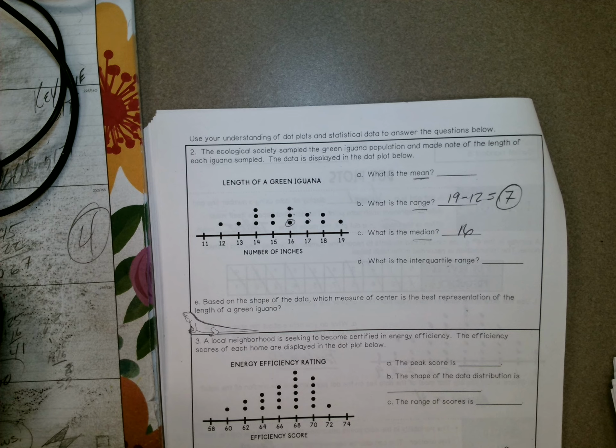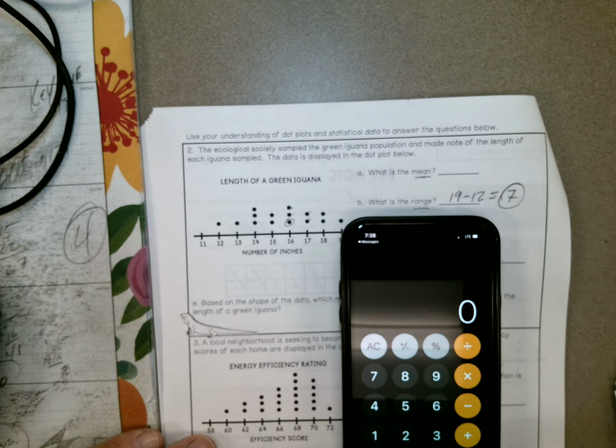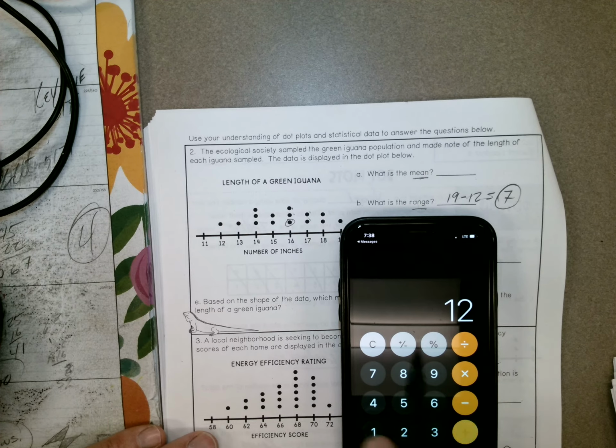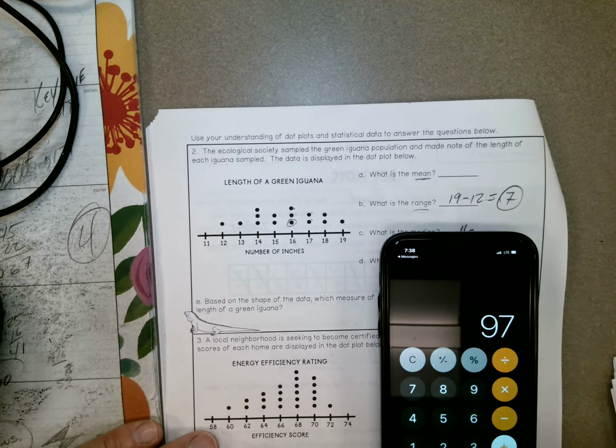I'm going to grab my calculator here, okay? So you'll see I'm doing it right now. So we have a 12 plus a 13 plus 3 14s plus 2 15s, which is 30. You notice you can do that. Plus 2 16s, which is 32, plus 2 17s is 34, right? I'm just trying to expedite this. 2 18s is 36 and 1 19.